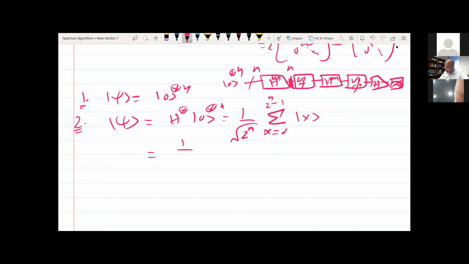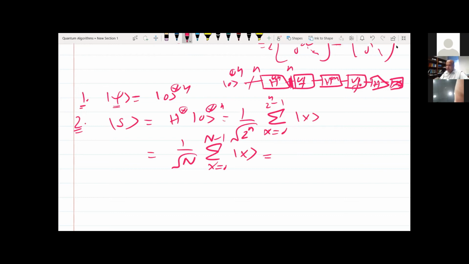Actually, let's just use 1 over square root of n, sum over x from 0 to n minus 1 of x. And actually, let's give it some special name. Let me call it the S state instead of psi to distinguish it from the input state.